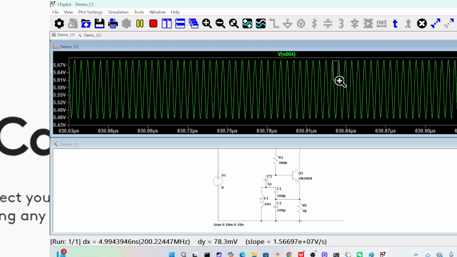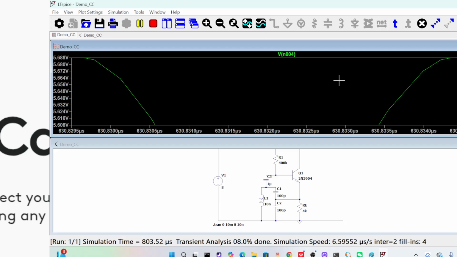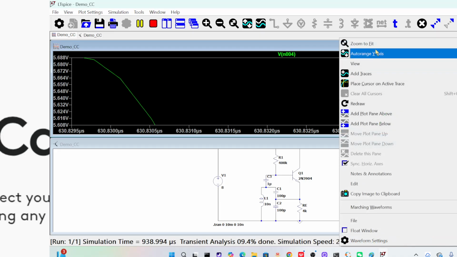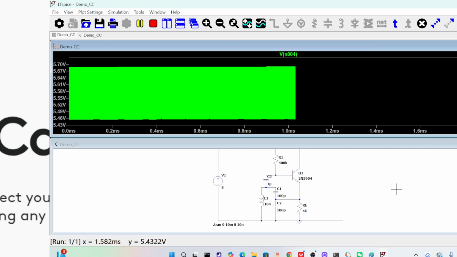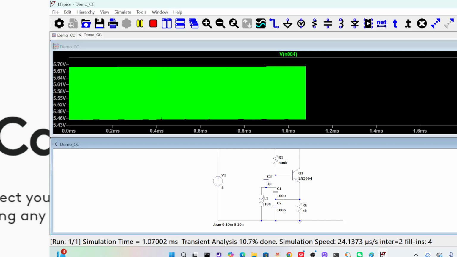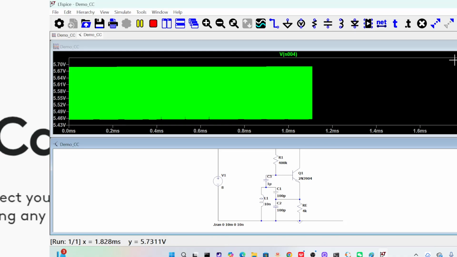So from what I can get here, I got 200 megahertz. So it's very close to what I have simulated. So I think the oscillator is successful. Now the problem is the oscillation amplitude is not high. It is even less than 1 volt.